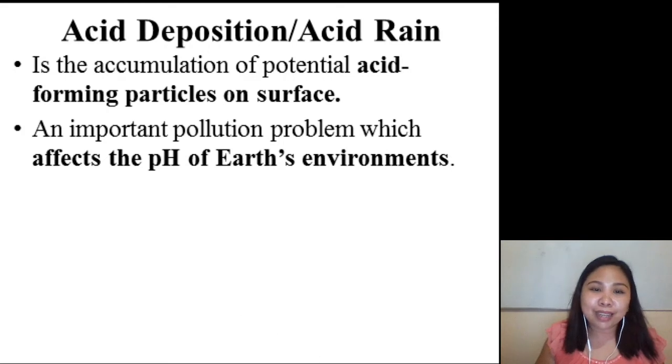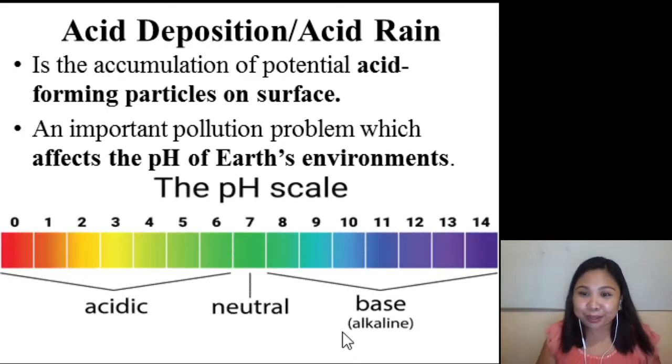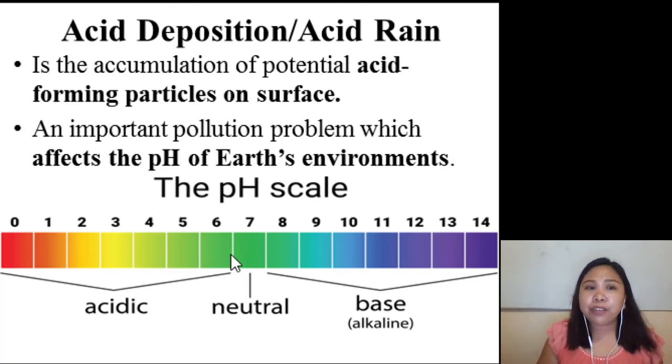So, para maintindihan natin to, let us recall the pH scale. Remember nyo, nung nag-discuss tayo ng ocean acidification, medyo baka nalilito kayo sa pH scale. So, between 0 to 6, that is acidic. 7 is the neutral pH. Then, 8 to 14 is the basic pH. Okay? So, bakit ito nire-review natin?